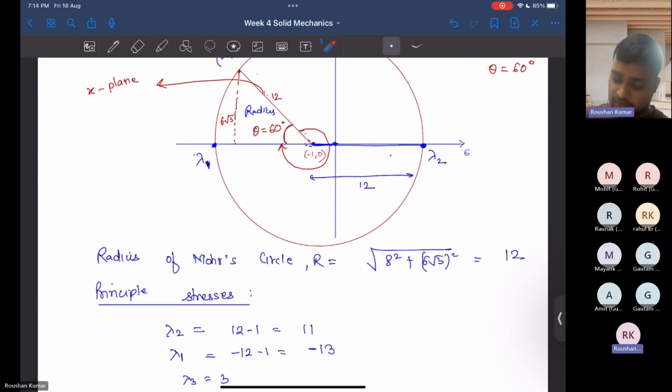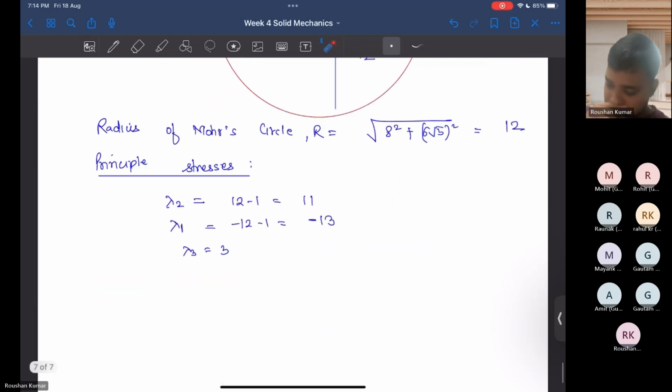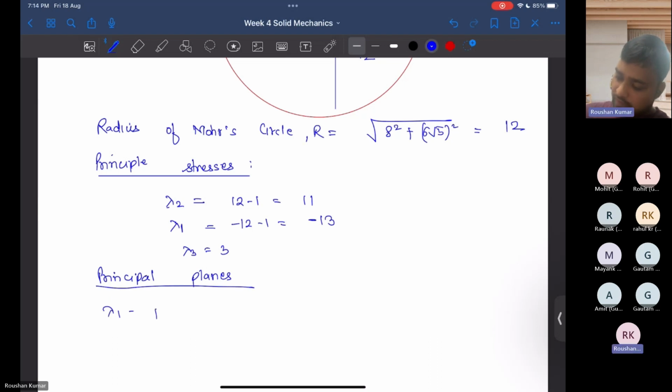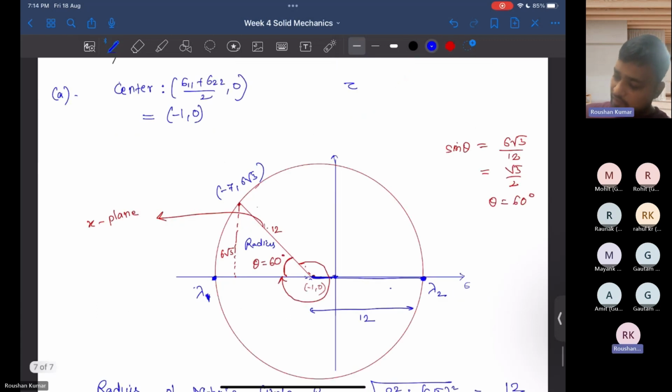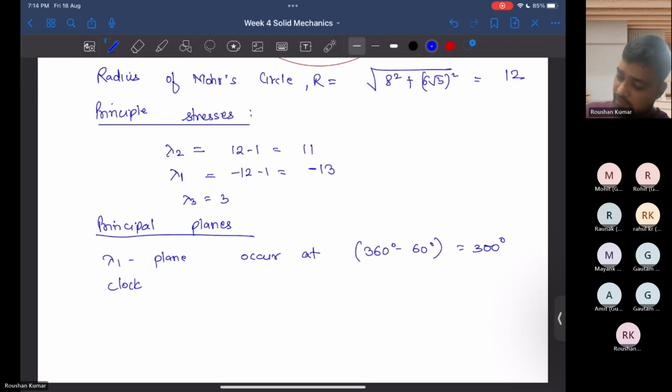So the lambda 1 plane occurs at 360 degree minus 60 degree, that is equal to 300 degree, clockwise from the x plane, or we say the e1 plane.